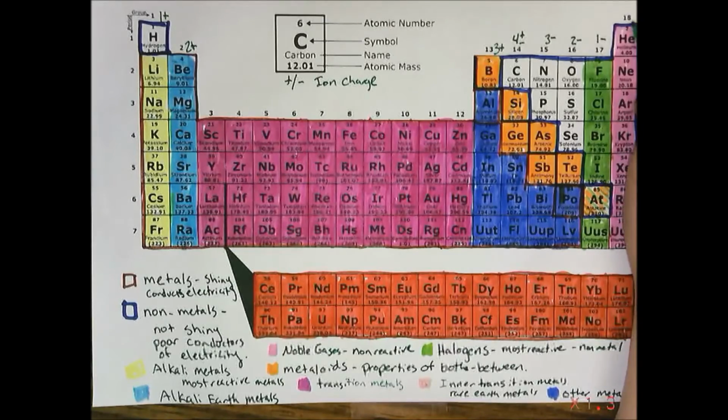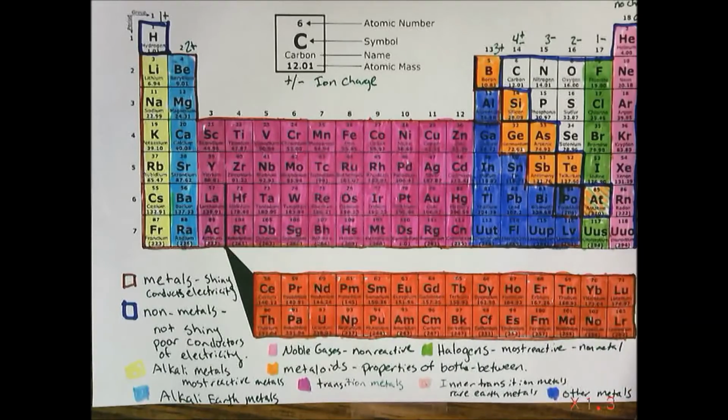And then remember the noble gases, they don't react. They have no ions. They have 0 charge, so 0 or no charge, because they don't exist in ion form, because ions, remember, have a different number of protons than electrons, and these guys are stable because they have electrons in their outer shell that match the full shells.